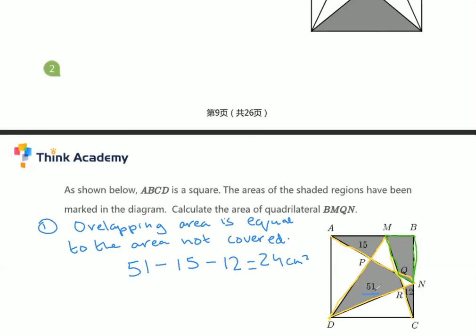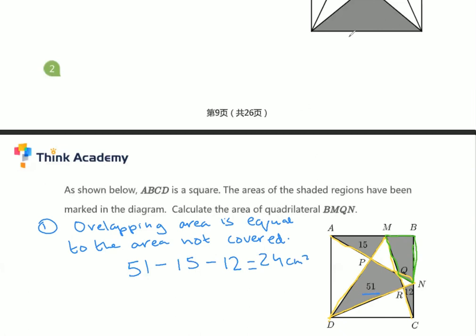So remember, guys, the trick for this, the last extensive challenge question was to know that the overlapping area is equal to the area that's not covered. So first, label what's overlapping and what's not covered. And once you've identified all of those, then you just need to know to find out the missing not covered area. You just have to subtract from the overlapping area.